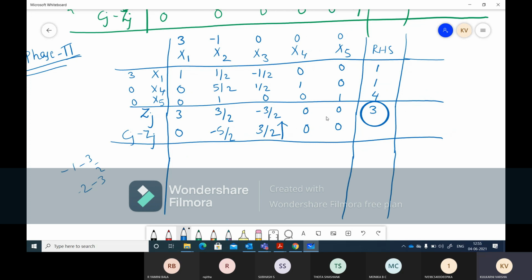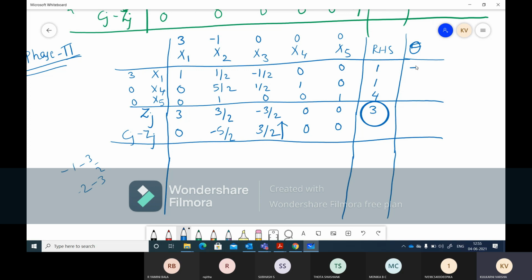Now we need to find theta. Theta is equal to, this is the row and this is the column, so 1 divided by minus half. Whenever there is a negative value, don't write it, just put a dash.